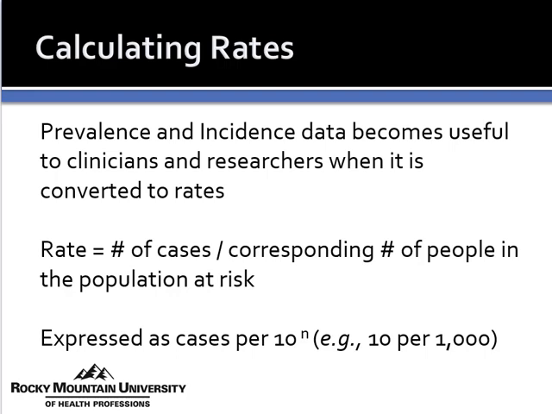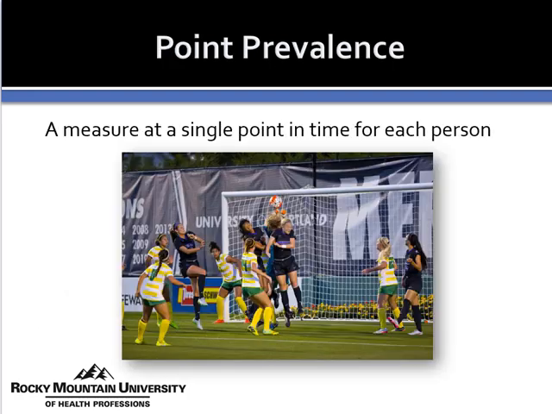So the number of cases and the number of corresponding people in the population at risk. And so you're going to see things reported as there were 10 per 1,000, or 10 per 1,000 athletic exposures.